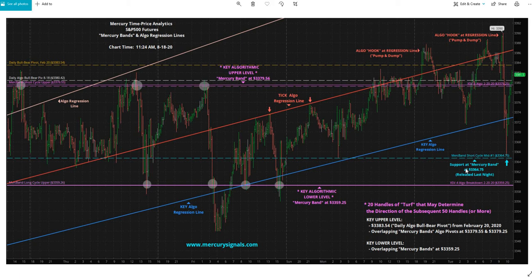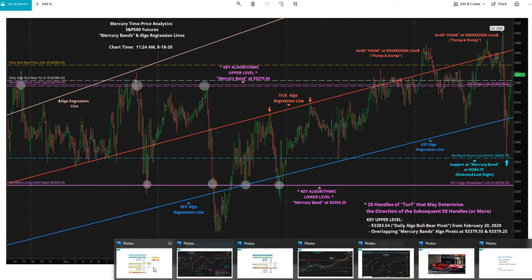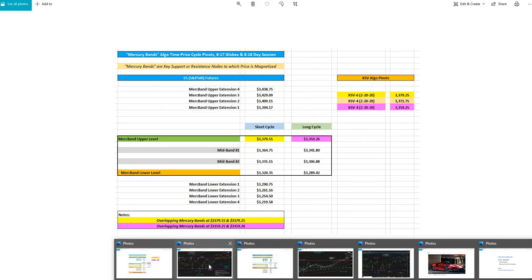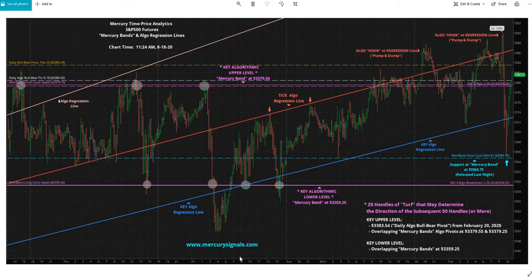So here you have 3364.75. Go back to the Mercury bands data sheet that we put out the night before, and there you have it, 3364.75. I can't remember a day when an important high or low did not come at one of these Mercury bands.